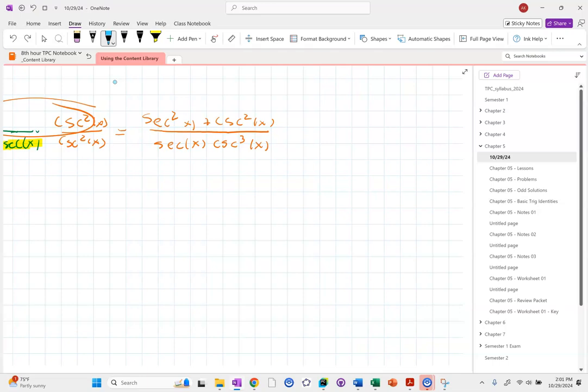Sure. Is it? Well, we don't have a tangent anywhere in the problem, right? That's what you kind of need as your starting piece for Q1.